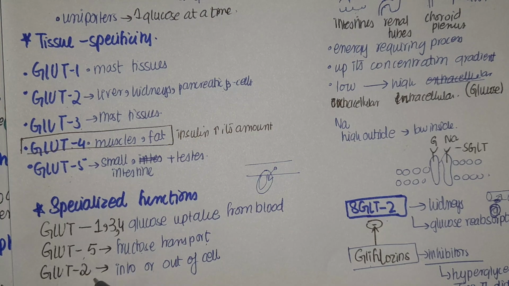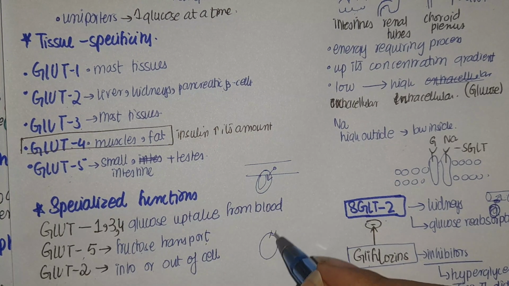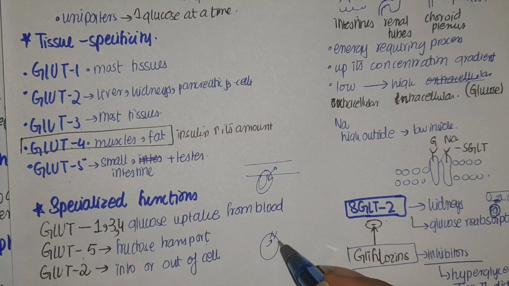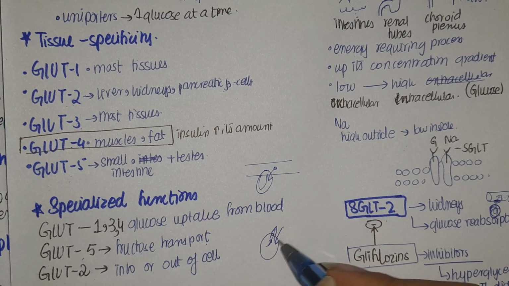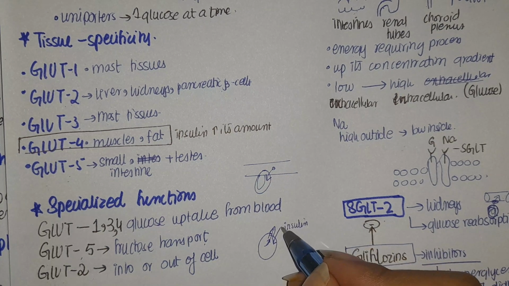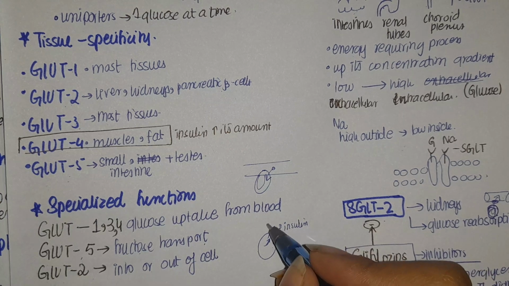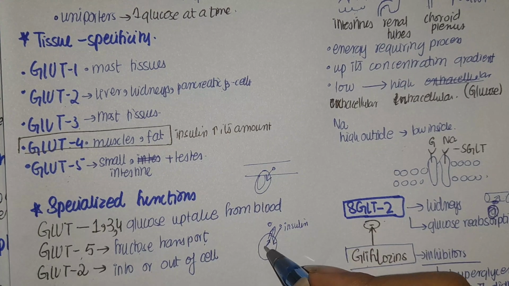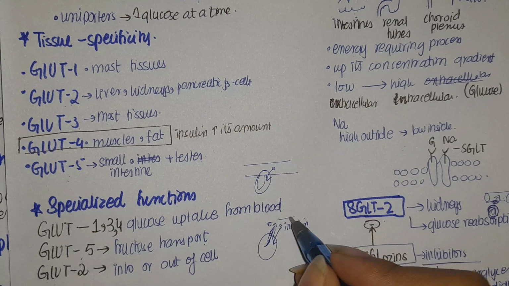But GLUT2 in the liver, kidneys, and pancreatic beta cells has both activities. So this is a bi-directional transporter. It can transport glucose towards the blood or from the blood into the cell. When there is a high amount of insulin, it will transfer the glucose from the blood into the cell. But when there is a high amount of glucagon, like in the fasting state, it will transport the glucose out into the blood.